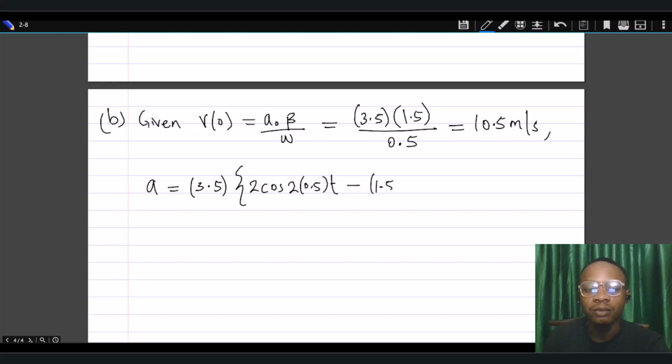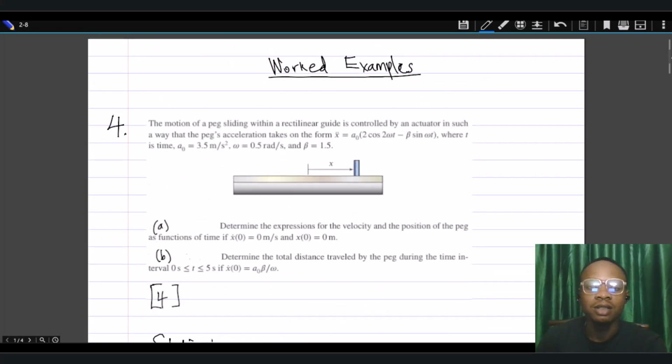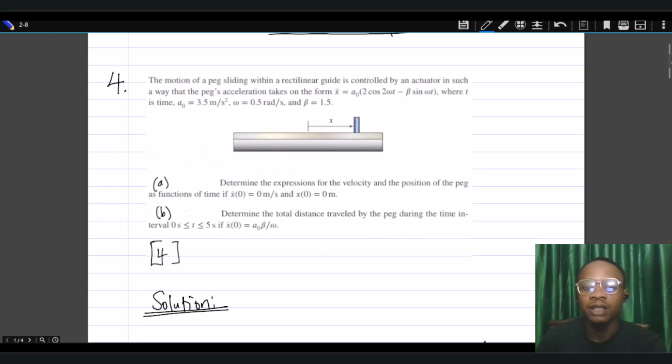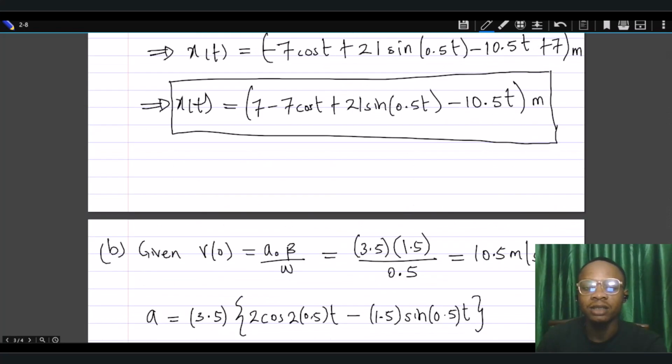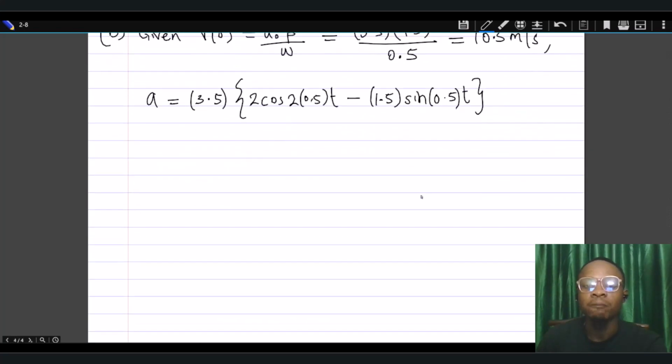Beta is 1.5, then multiplying sine omega t, that's sine 0.5 multiplying t. So this is our acceleration as provided in the problem. It says 2 cos 2 omega t minus beta sine omega t, then we have a naught outside. So this is the expression for acceleration.